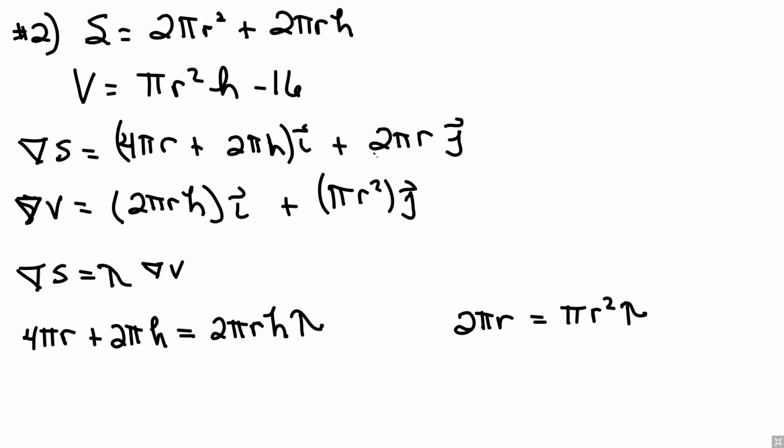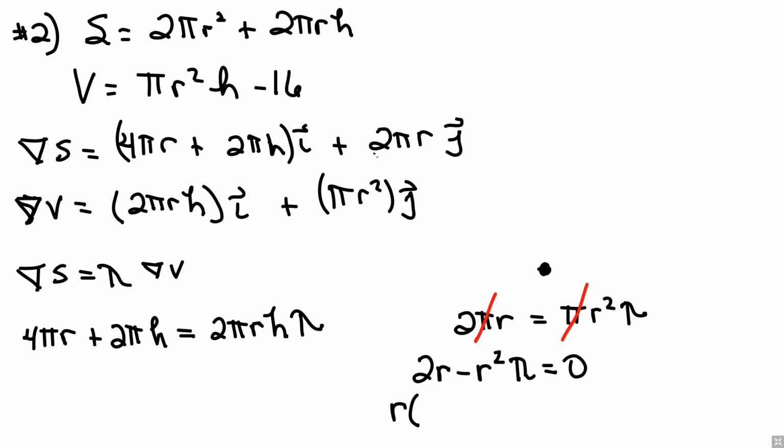I'm going to deal with this side first, because it's going to be a little bit easier to work with. I'm going to get it equal to 0 and remove the pi's from it. So I have 2r minus r squared lambda is equal to 0.